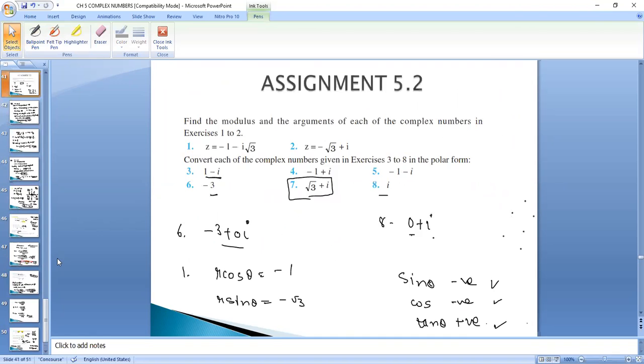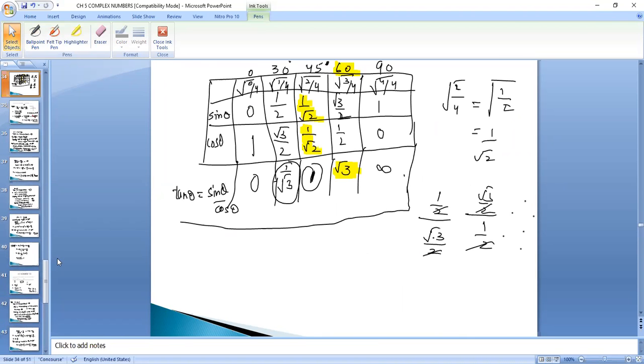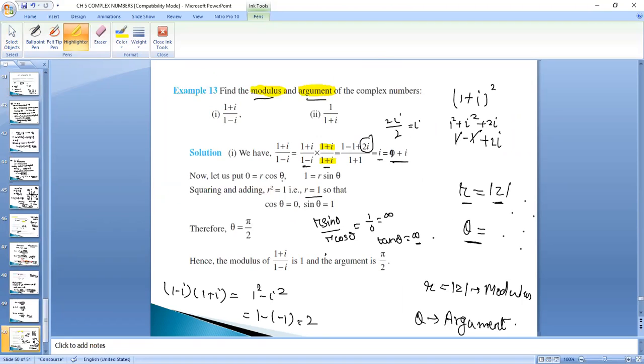Tan theta is infinity when theta is equals to 90 degree. So our argument, our theta will be 90 degree.